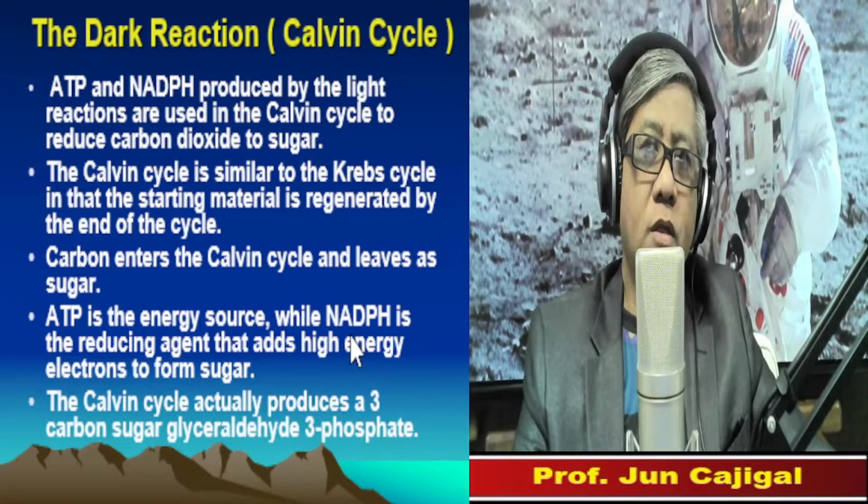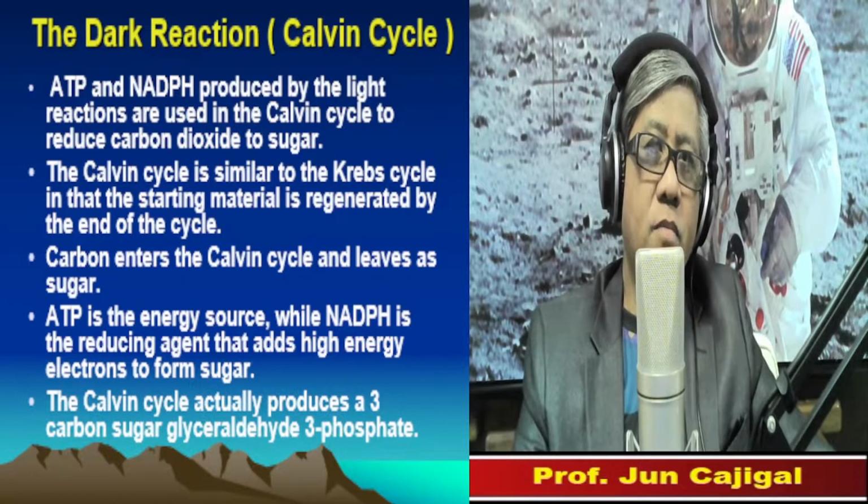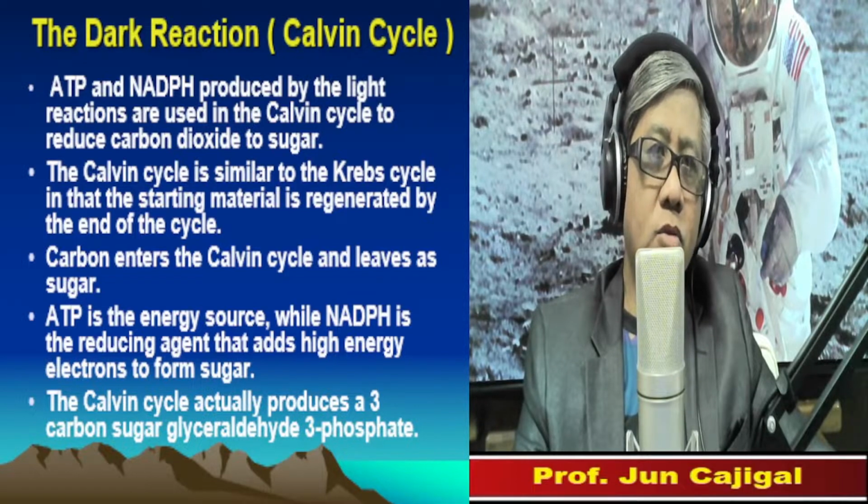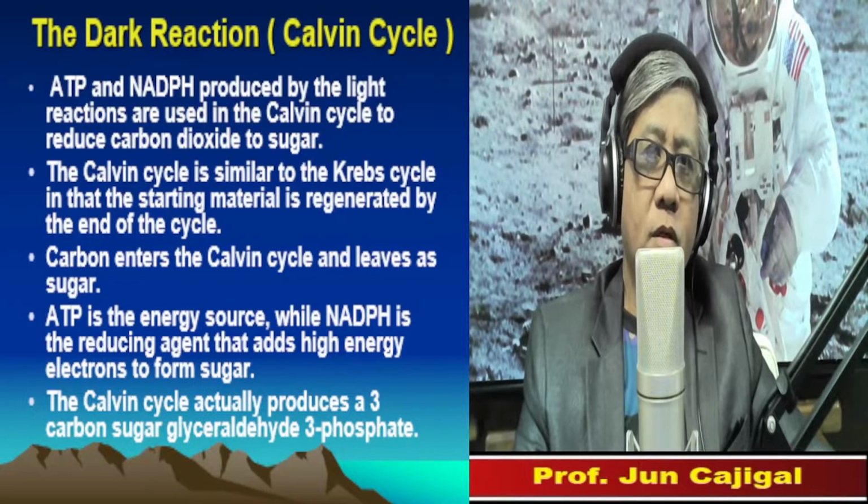And the last point that you need to understand about the Calvin cycle is that it actually produces a 3-carbon sugar, glyceraldehyde 3-phosphate or PGAL. So those are the key points that you need to know about the dark reaction or the Calvin cycle.